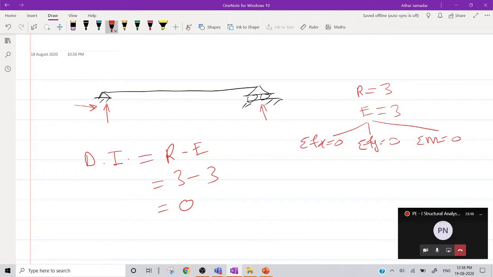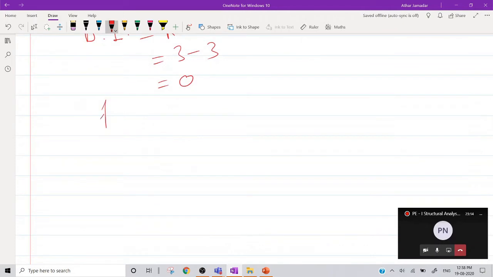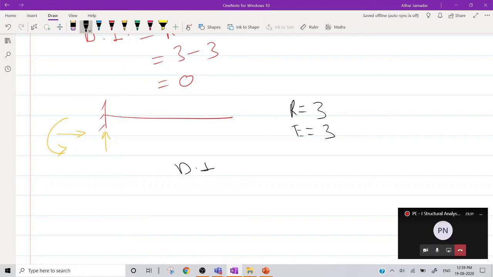Okay, so if you again take the example of a cantilever beam, generally there is one vertical reaction, one horizontal reaction, and one moment. So in this case R is equal to 3, equilibrium equations are 3, and di is R minus E, which is again 0.